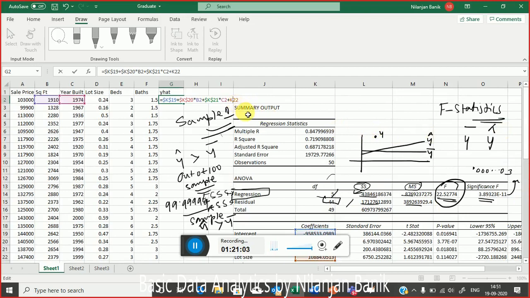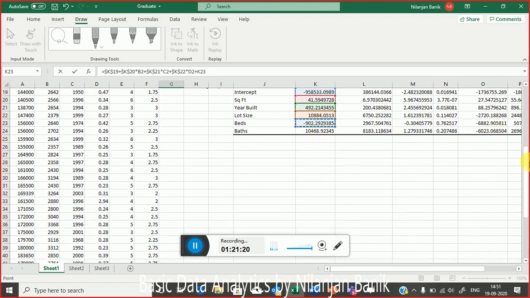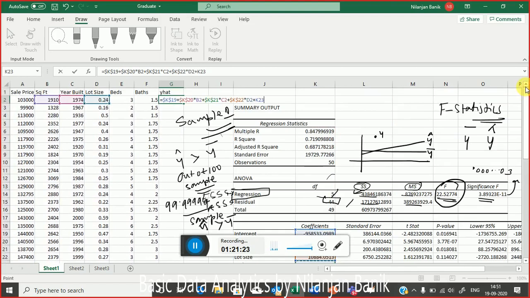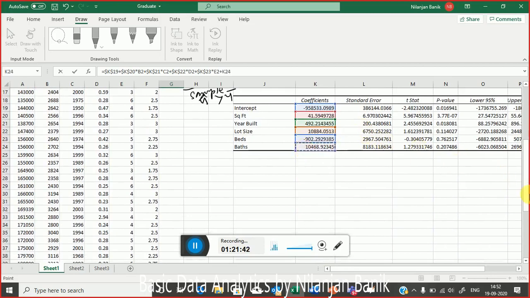So whenever I want to put a value which does not change, I have to give that dollar sign. You want plus, plus. Can you all see the screen?